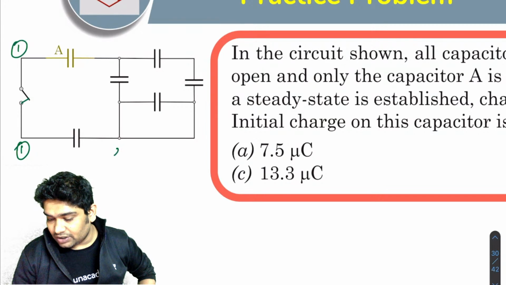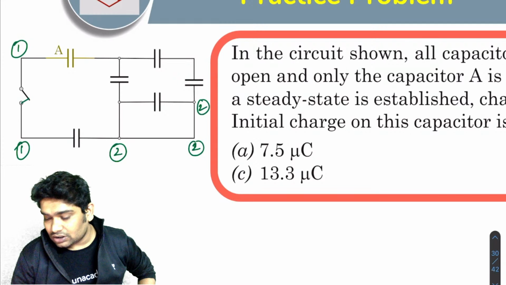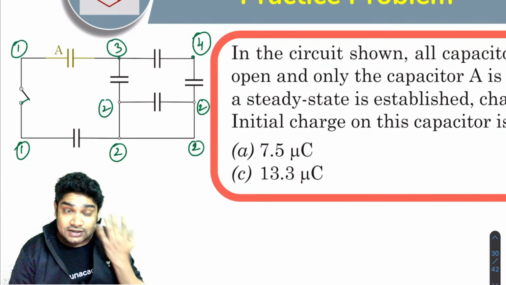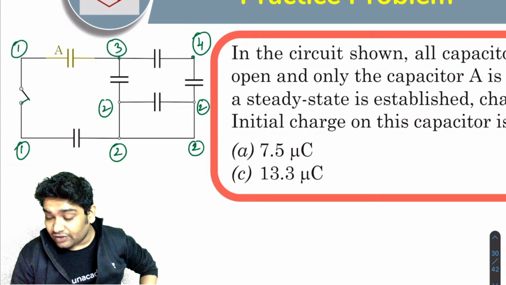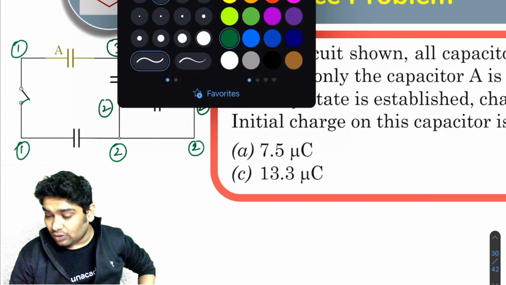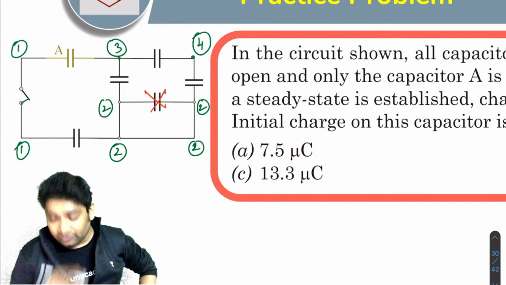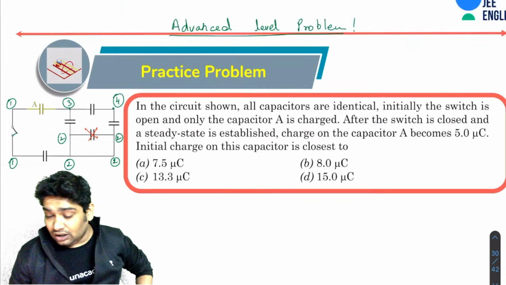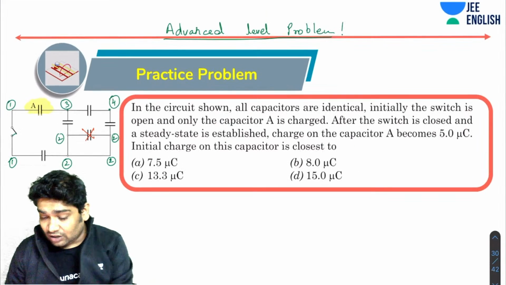Obviously, this is 2. This also becomes 2. This is 2. Imagine if this is 3. So this being 4. So this is what the equivalent circuit looks like. What you realize is that the potential difference across this capacitor is 0. So you can simply get rid of this.